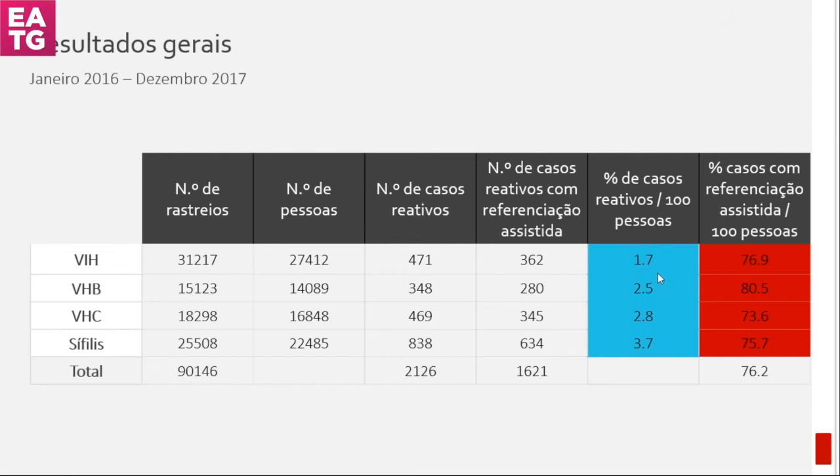In blue, you see the percentage of reactive cases per 100 people. And in red, you see the percentage of cases that were referred to the NHS, so linked, per 100 people.